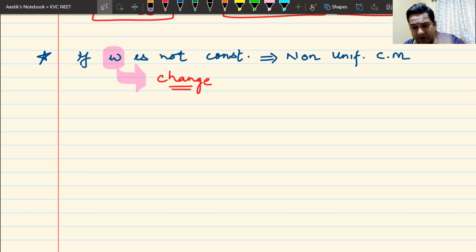When the angular velocity of the body changes, we call the body accelerated, and we call that acceleration angular acceleration. This angular acceleration is denoted by the letter alpha.